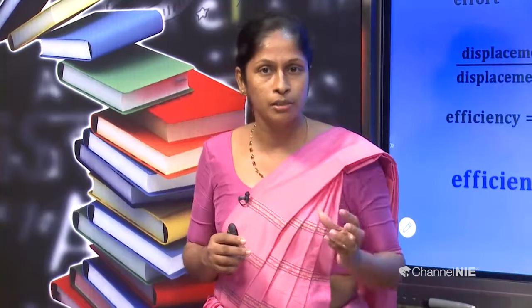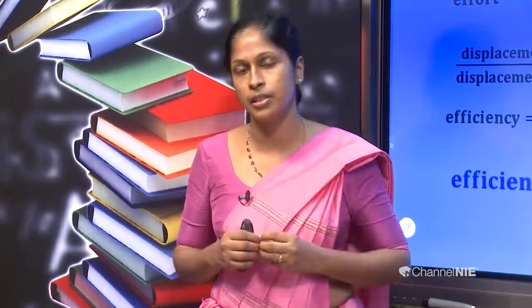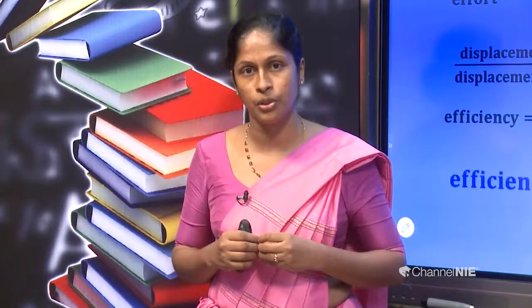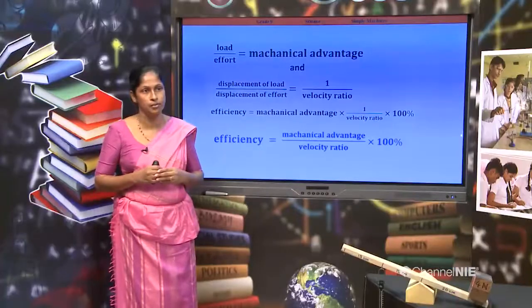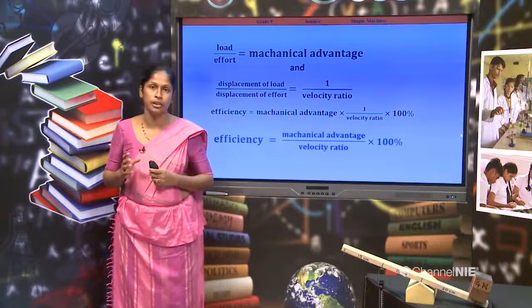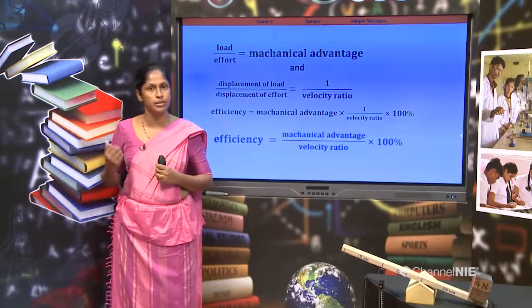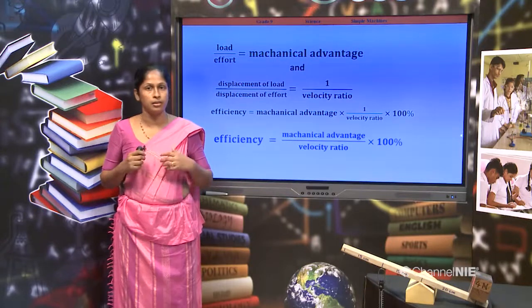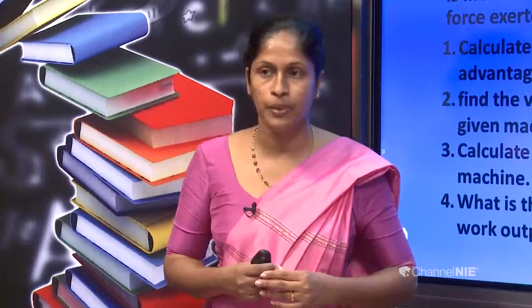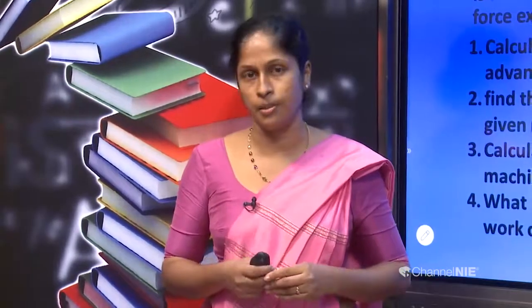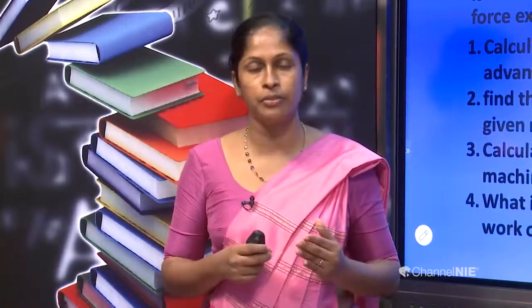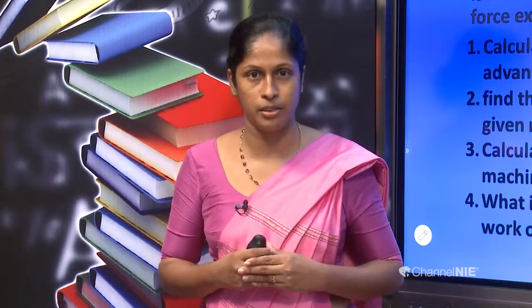If you are given mechanical advantage and velocity ratio, you can use this equation. And if you are given work input and work output, you can use that equation. That should be decided by you. Okay, dear children. Now, let us do a question using all the factors that we discussed in today's lesson.